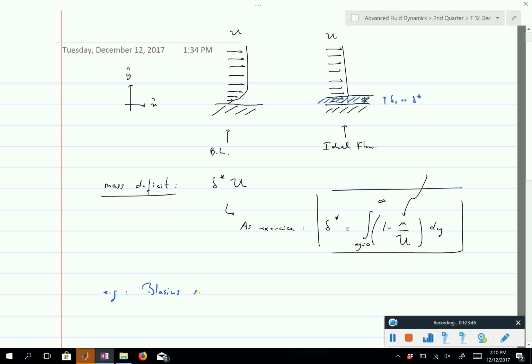So for the Blasius solution, delta star in x is equal to 1.72 times delta x. Remember that delta x is the square root of mu x divided by U.